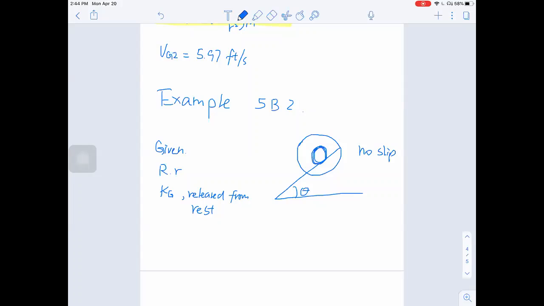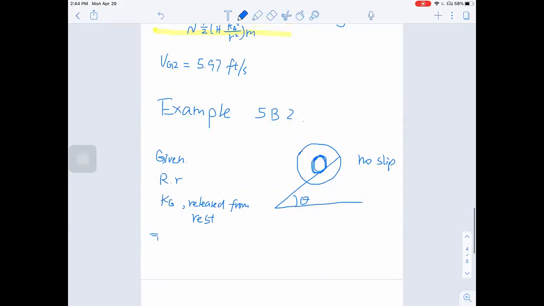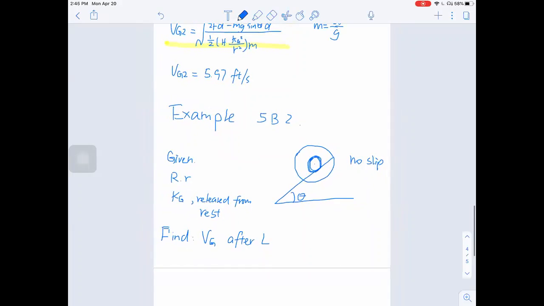We want to find what is V_G, the velocity at point G, which is the mass center, after it has traveled down the slope a distance L. It's pretty similar to the previous example we did.